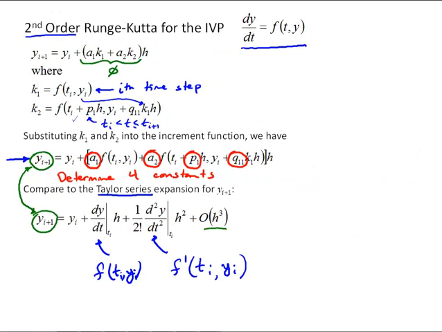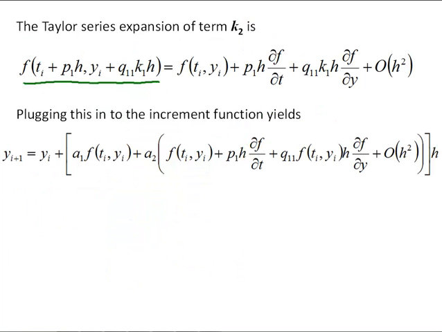So looking back at our Runge-Kutta approximation, what we're going to do is focus in on the K2 function evaluation. So this K2 function evaluation right here, and we're going to work on that term. We'll start with a Taylor series expansion of the function evaluation K2. If you recall way back earlier in the quarter when we looked at nonlinear systems, we talked about the Taylor series expansion of a function of two variables using partial derivatives.